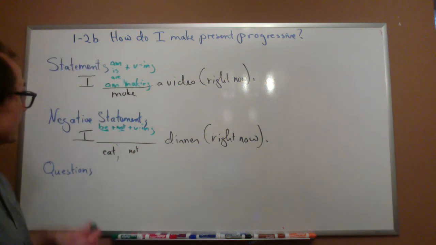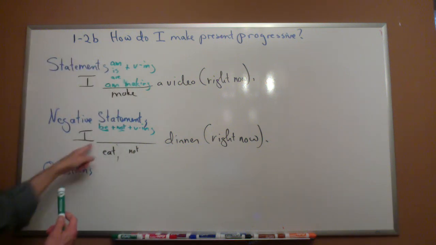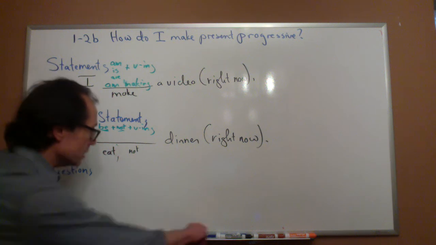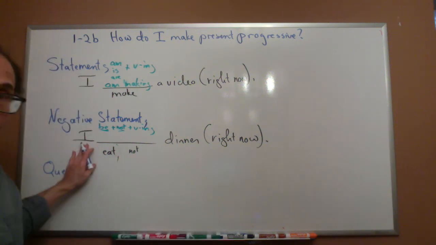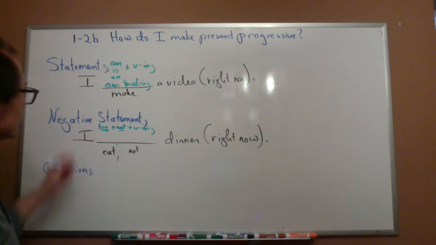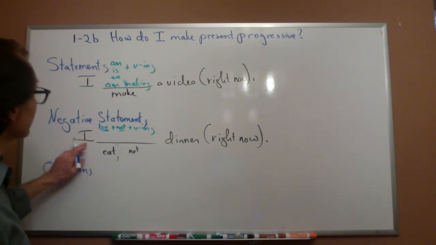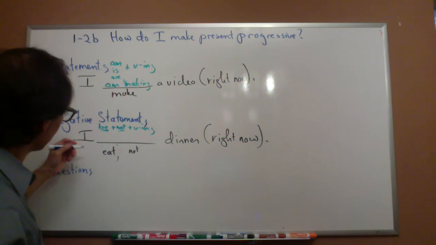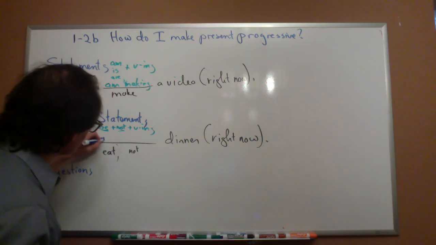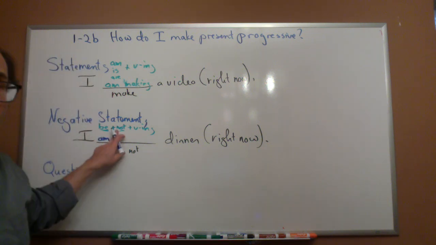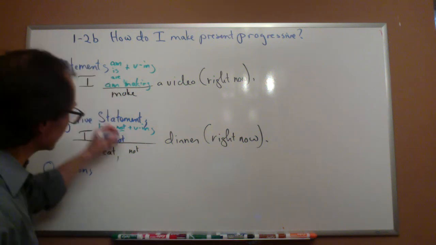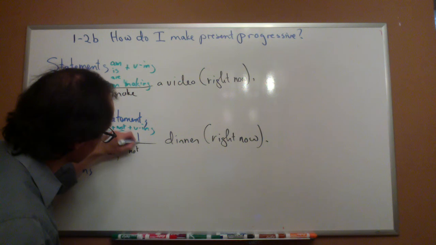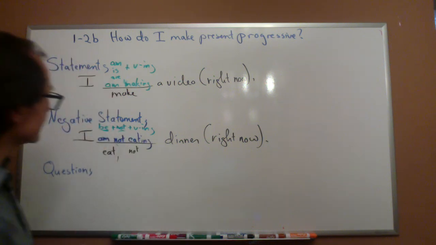So I take a look at this and I say, what should go in this blank? Well, the subject is I, and the verb is be. What form of be do I use with I? I use I am. Then I use the word not, and I say, I am not. And then I use verb ing. I am not eating dinner.